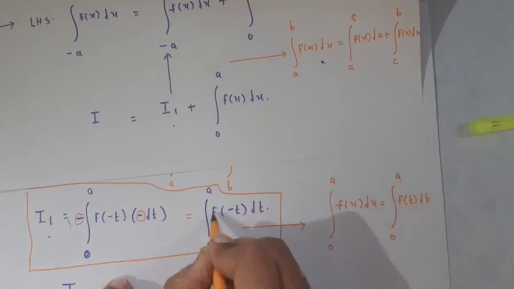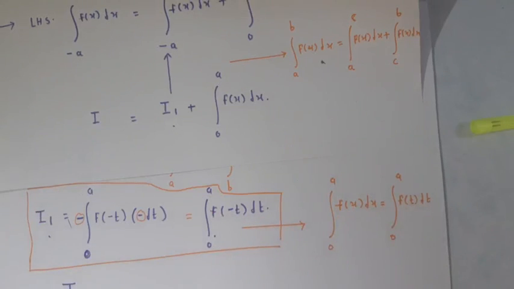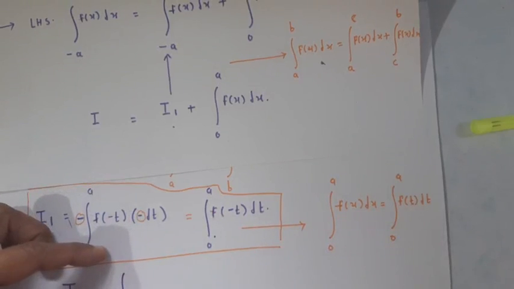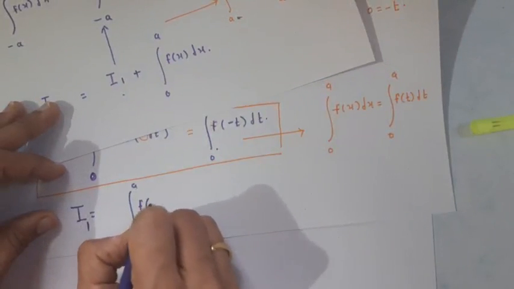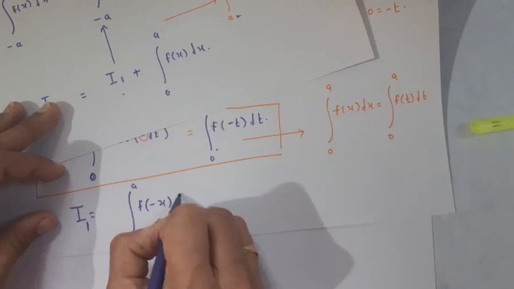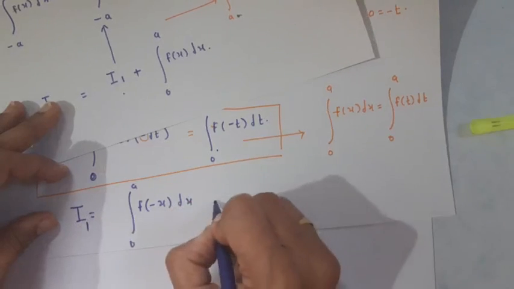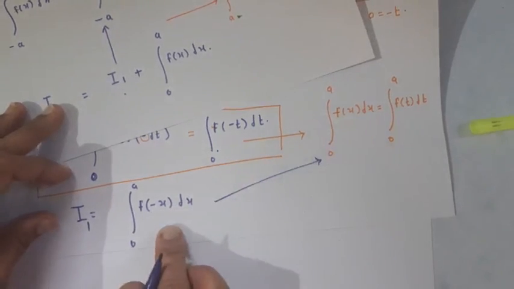Okay, so also we can write I1 equal to integral 0 to a f of minus x with respect to x by using this property.